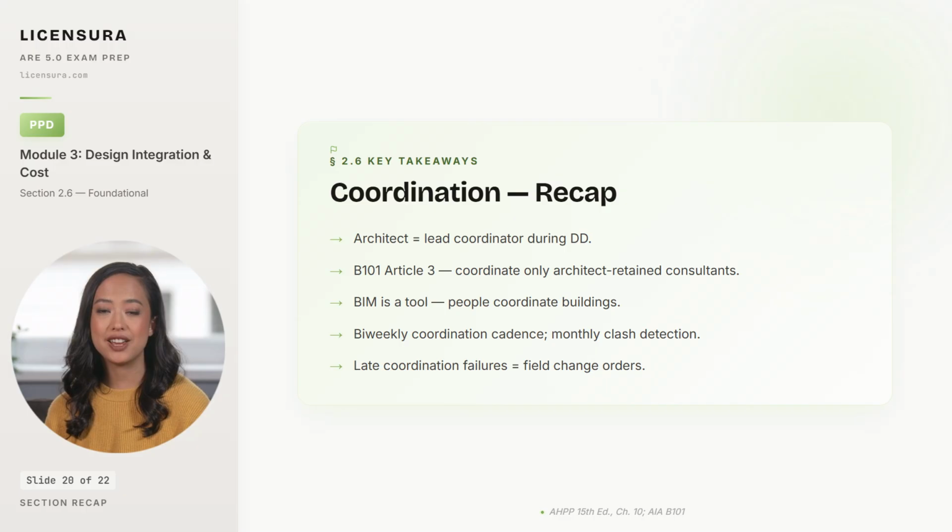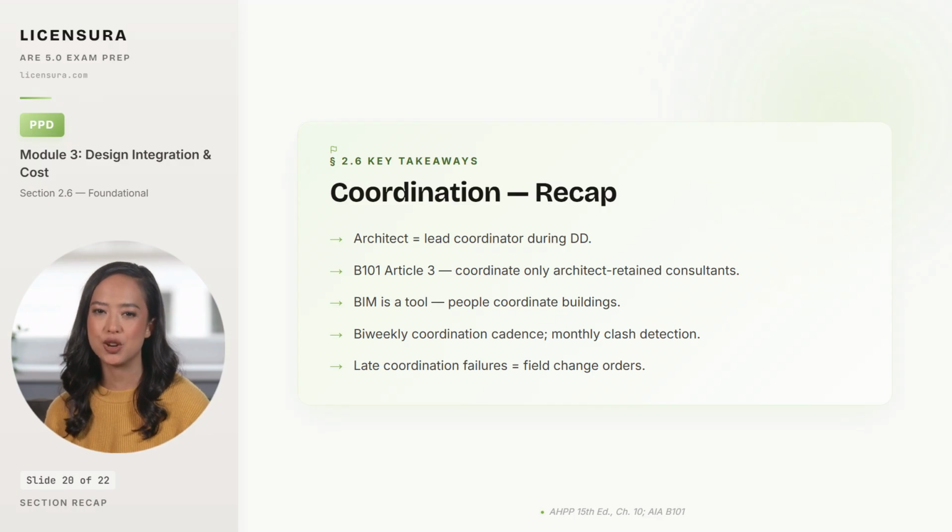And the exam treats this as a contractual responsibility flowing from AIA B101. B101 Article 3 limits that responsibility to consultants the architect has retained. Coordinating consultants the owner retained directly is liability the architect did not contract for, and accepting it without a written modification is taking on uncompensated risk.